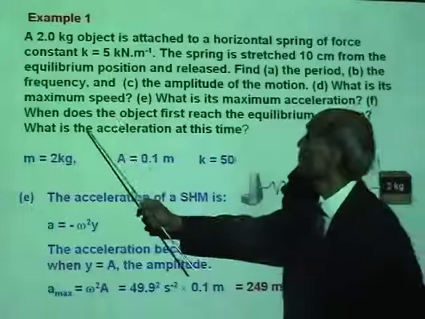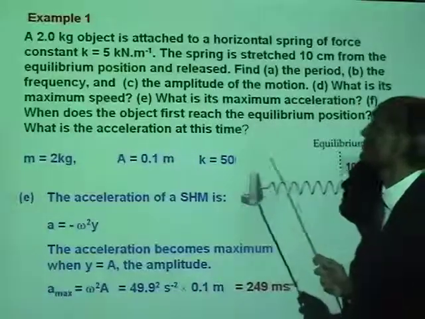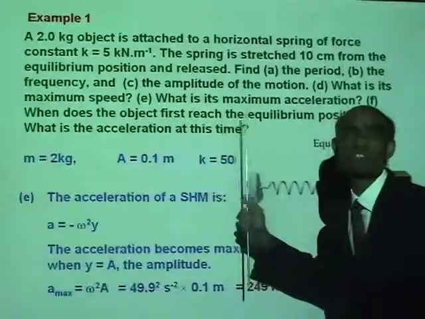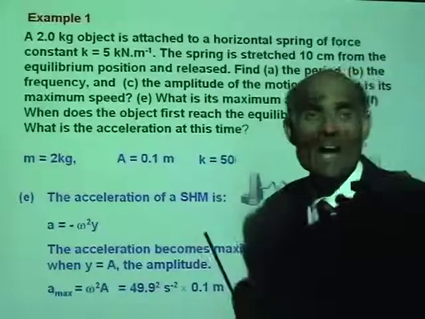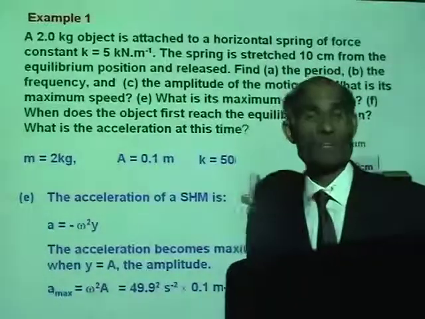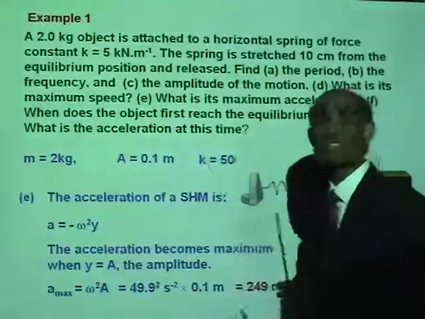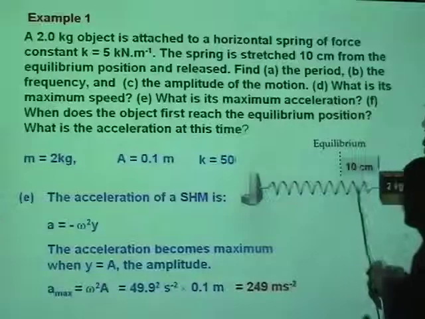Now, we found the maximum acceleration. Next, when does the object reach the equilibrium position? After what time? Do you remember we obtained the period of oscillation? We have calculated the period of oscillation. Now, look what happens.